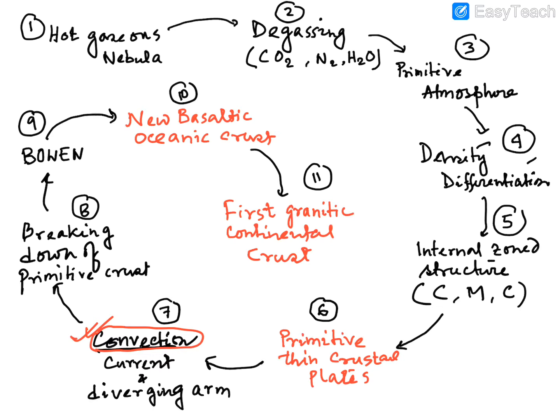Now, while this magmatic flow was coming from the core towards the crust, there was some chemical reaction taking place in the magma. Putting things into perspective, this magmatic current coming from the core, or maybe the lower mantle of the earth, was traveling thousands of kilometers to reach this thin crustal plate.